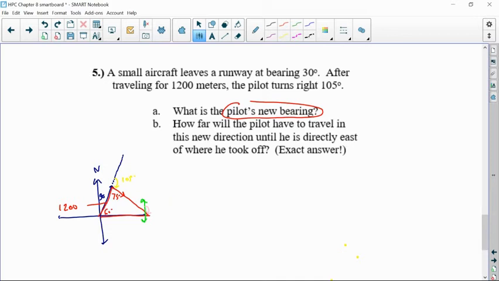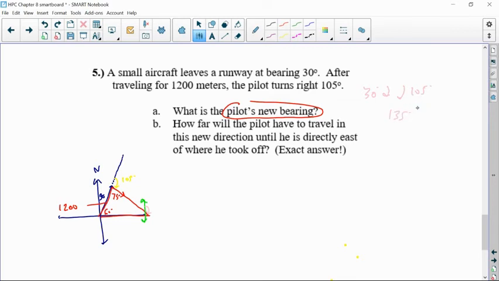Looking at it from a triangle point of view, if this is 75 degrees and that's 60 degrees, I could figure out what that little tiny angle is of the triangle, and think about where that would appear on my diagram. Or I could also realize that he initially went with a 30-degree angle in this direction, and then he continued in this direction 105 degrees.